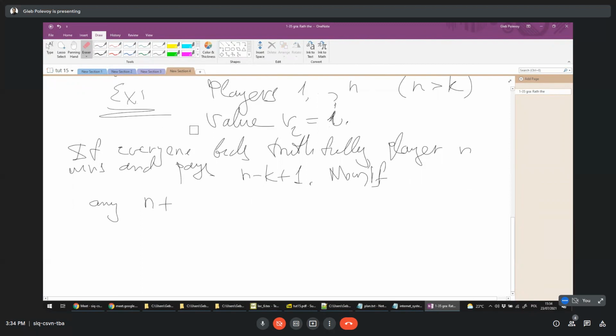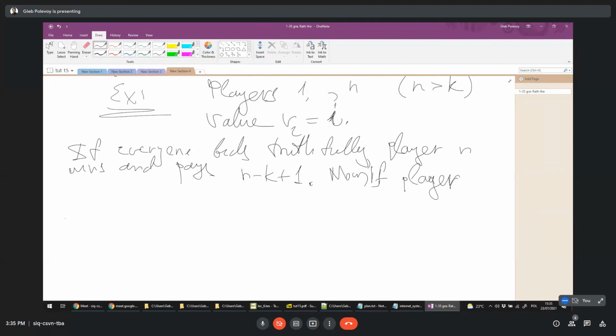She cannot improve because she cannot change how much she pays if she wins, and she doesn't want to stop winning. So who should, excuse me, deviate? If the k-th player deviates, the utility decreases, right? They also don't have an incentive, and they also don't lose anything, basically.